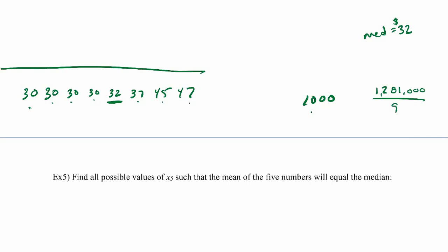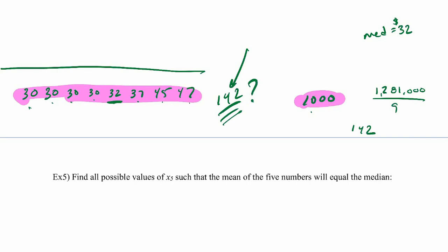I divide that by 9, I get an average of $142,000 a year. Now look at the actual data itself. Is 142 around anybody? Does anybody even make that much money? No, so it's not really a good representation of the average.